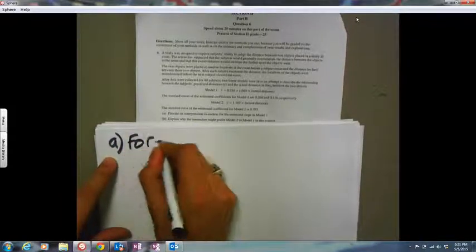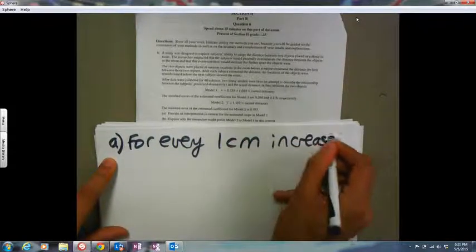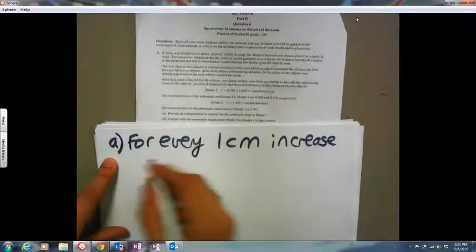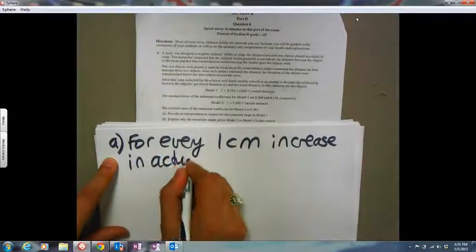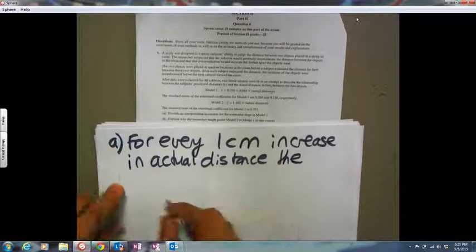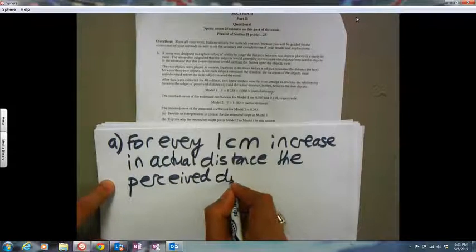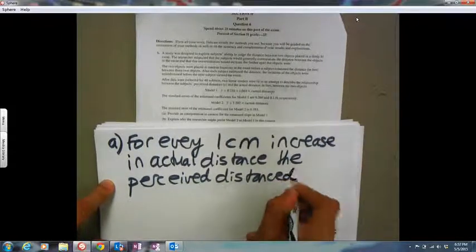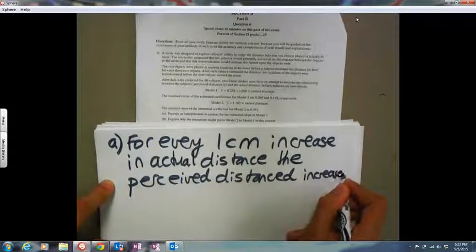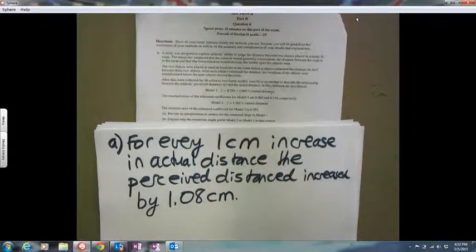So Model 1 says, for every 1 centimeter increase in the x value, which is actual distance, the perceived distance increased by 1.08 centimeters. 1.08 is the number, that's the slope.